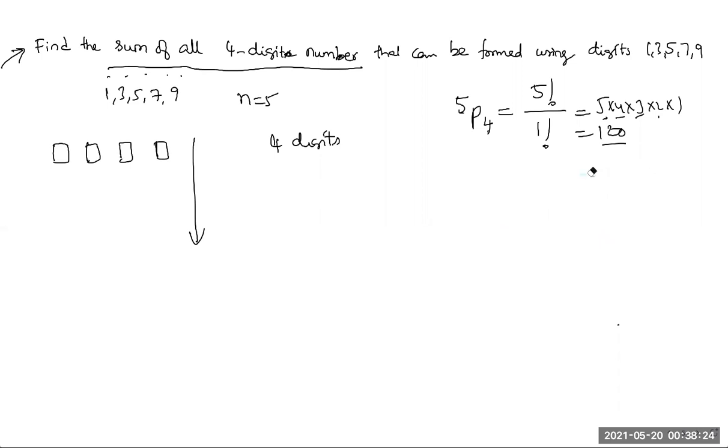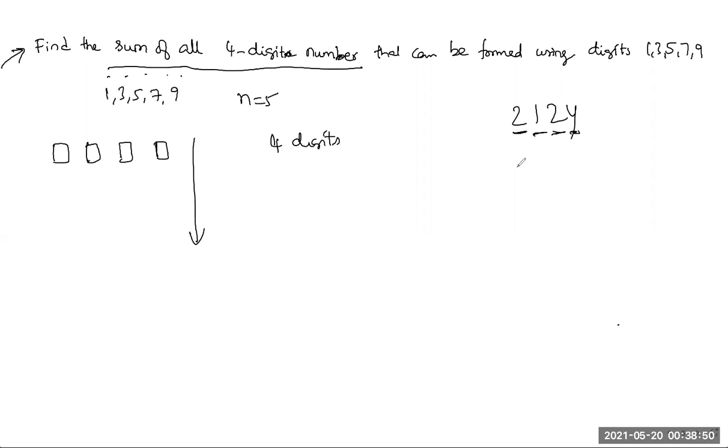And for this, there's one basic thing which you should all know: what's a units place? What's a tens place? What's a hundreds place? What's a thousands place? Suppose someone has given you some number like 1, 2, 4. So this is the units place. This is the tens place. This is the hundreds place. And if something like 2 is present here, this is the thousands place.